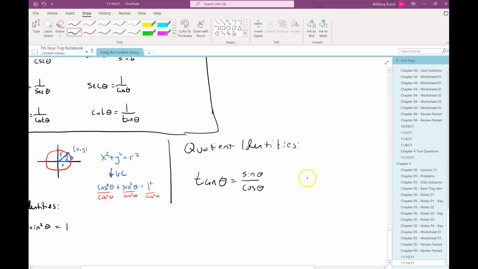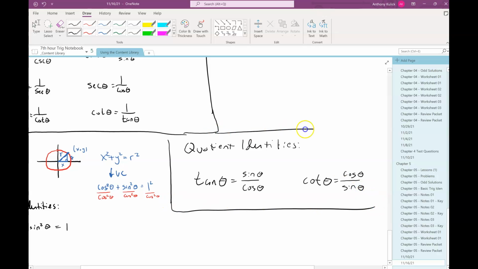And then similarly, if cotangent is the reciprocal of tangent, cotangent must be cosine over sine. Everybody okay there? All right.